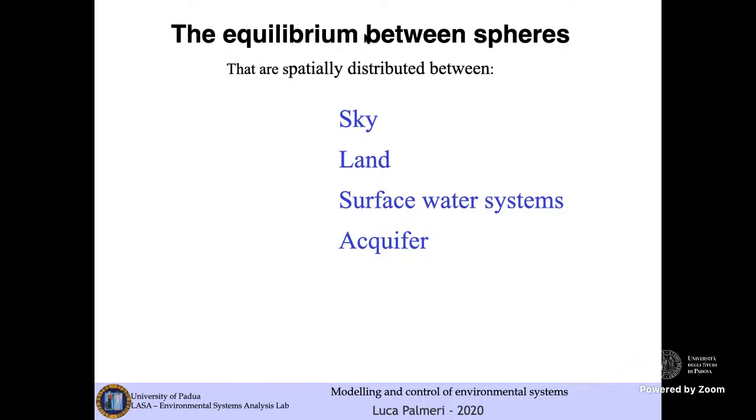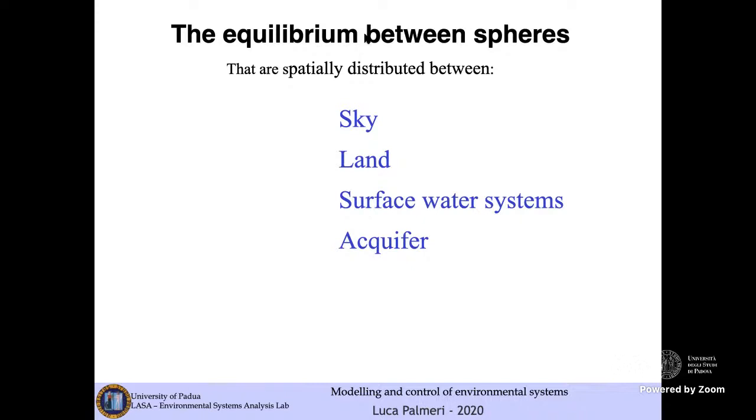And in order to do that, today we shall start with an overview of the physical, chemical, biological processes that may be modeled by the approach we propose in our class.